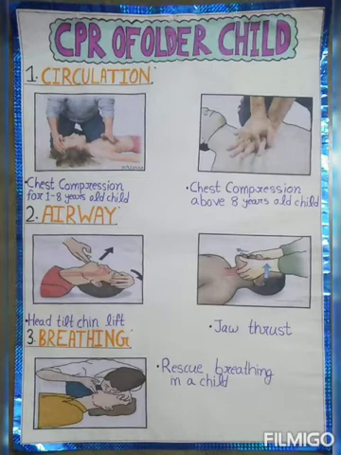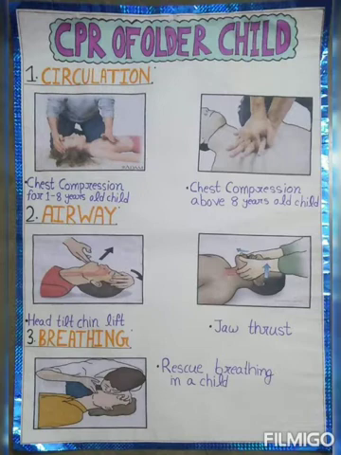Then the airway. There is a picture of the head tilt chin lift maneuver. The airway is opened by tilting the head back and lifting the chin. One hand is placed over the child's forehead and the head is gently tilted back. At the same time, the fingers of the other hand are placed on the lower jaw to lift the chin to open the airway.